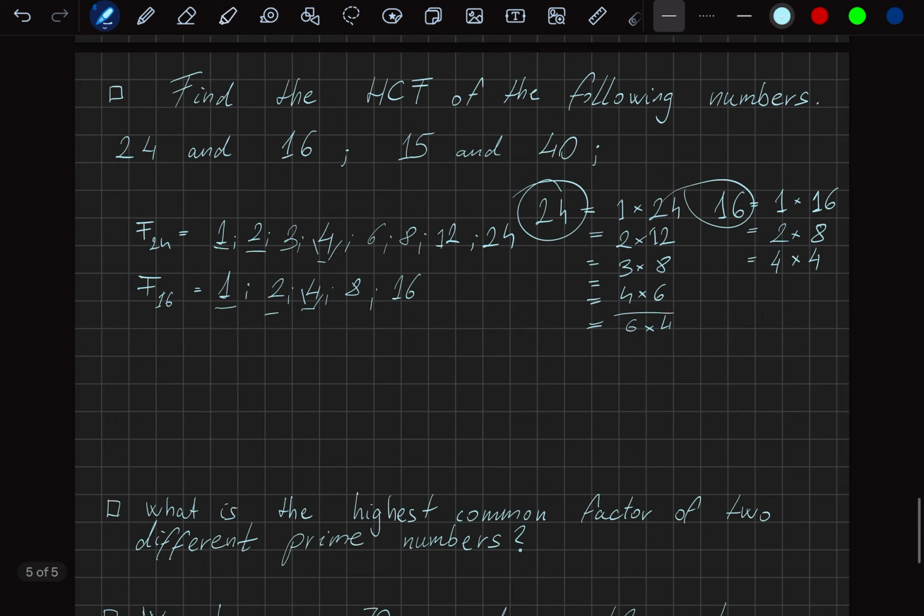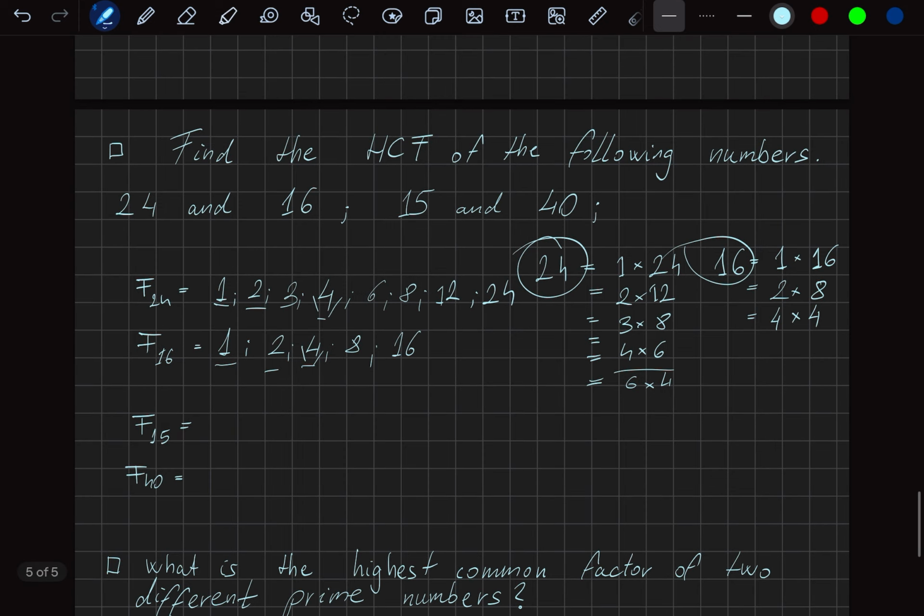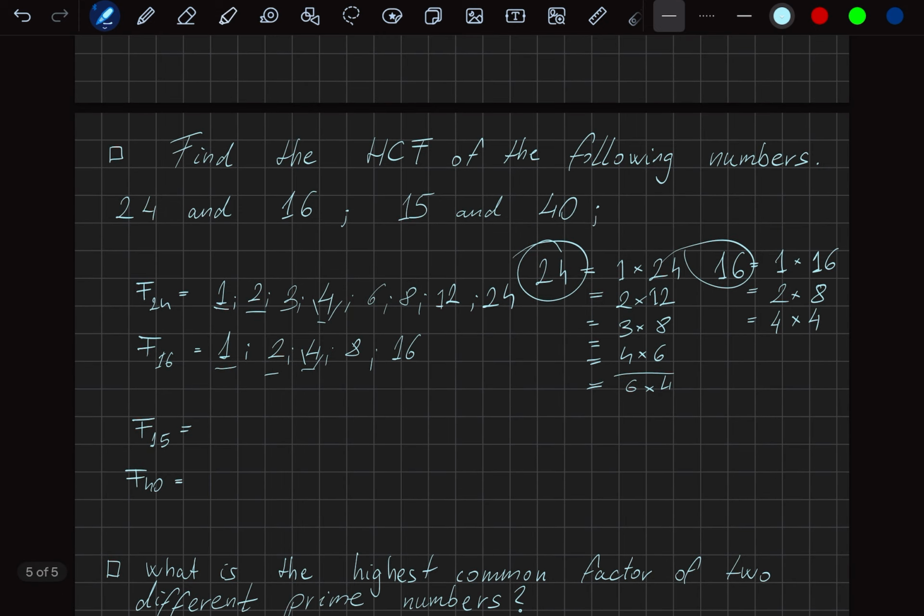Okay, factors of 15 and factors of 40. The highest common factor will be 5. Also, highest common factor, sorry, it's 4.